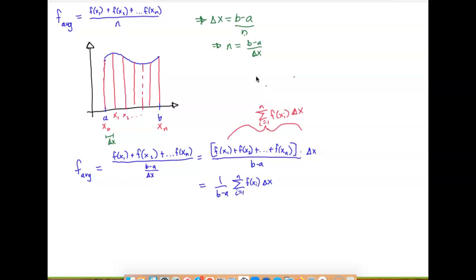But how many actual y values did we say there are on a continuous function? There's infinitely many. So what I actually want to look at is what happens as I let n approach infinity.